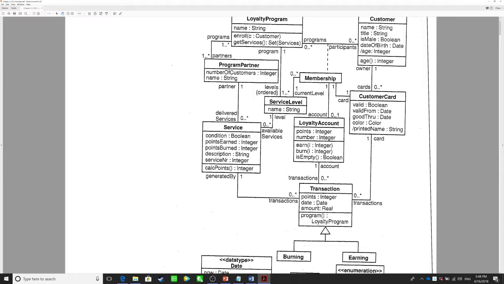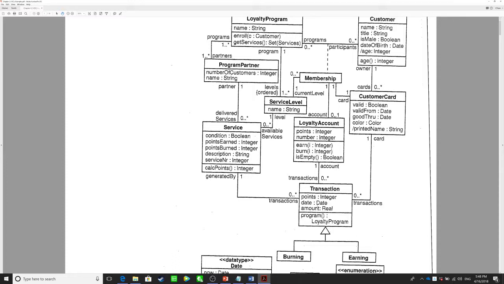Yes. So when you have this transaction, basically, it's generated by this service. And the service takes the information of the service level, and the service level will take the information from the membership. Then it generates transactions and updates this loyalty account.